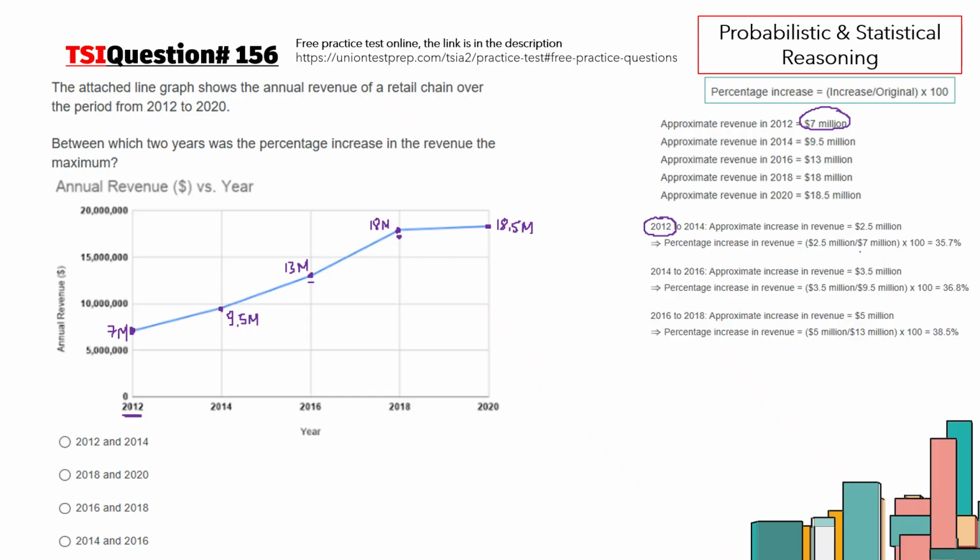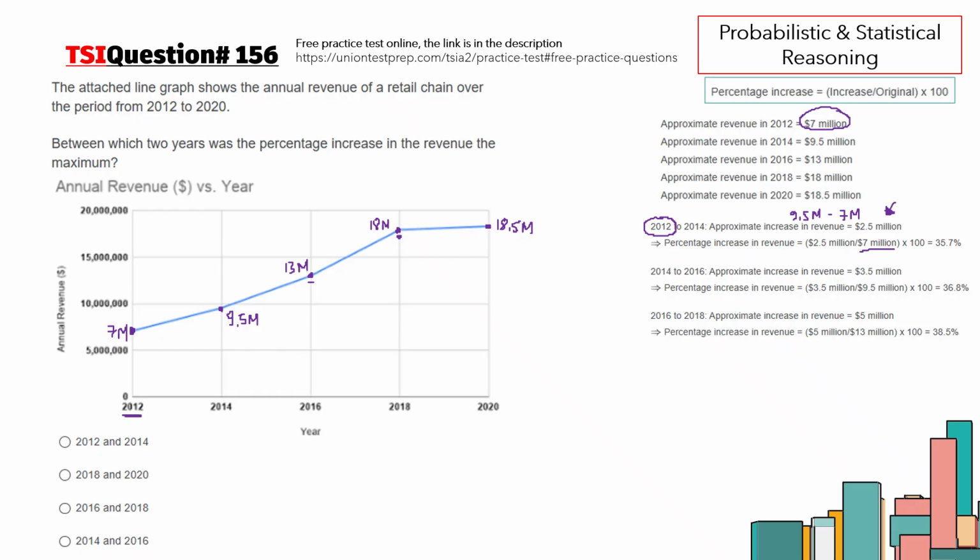Okay, so we take the difference between 2014 and 2012, that is 9.5 million subtract 7 million, that equals 2.5 million. And this is the revenue increase within those 2 years.